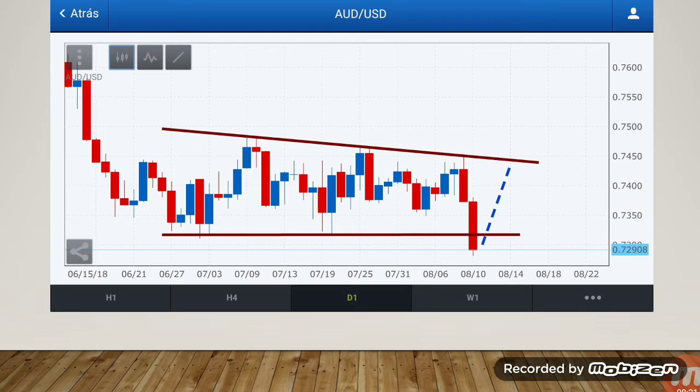Here you see the setup on the daily chart of this currency pair, where the market has formed this type of consolidation with an angled resistance boundary and a horizontal support boundary. You'll also notice that the breakout has taken place with this bear candle, but despite the strength of this signal, despite the strength of this candle, not enough of the candle has closed below the support point.